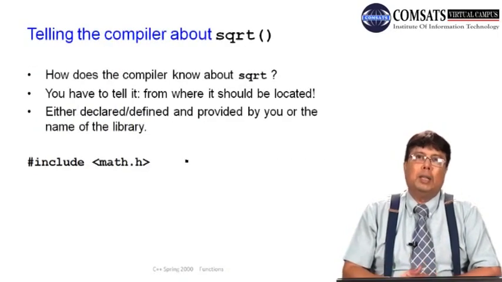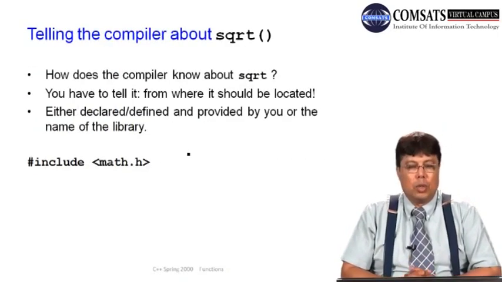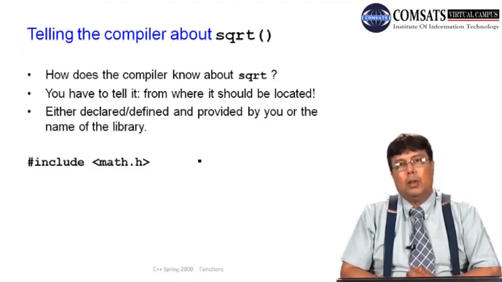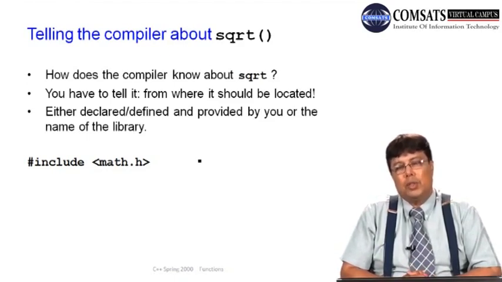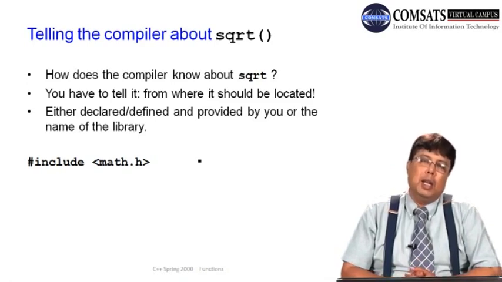So how can you tell the compiler where to find square root? How does the compiler know that sqrt is a square root and it should have a certain definition? So you have to tell the compiler, and in this case either you declare or define it by yourself or provide the name of the library that contains the definition of the function.